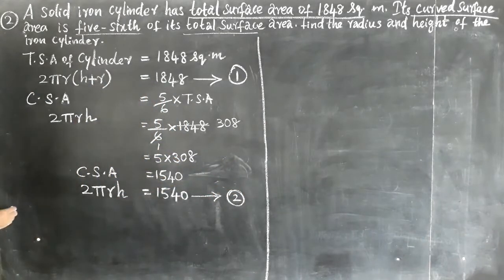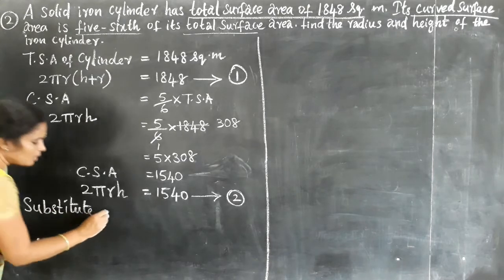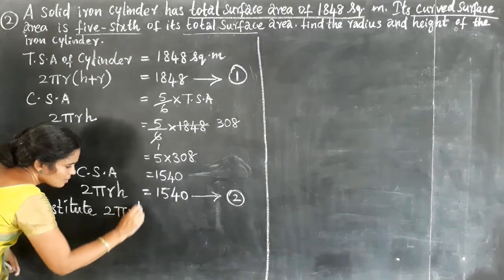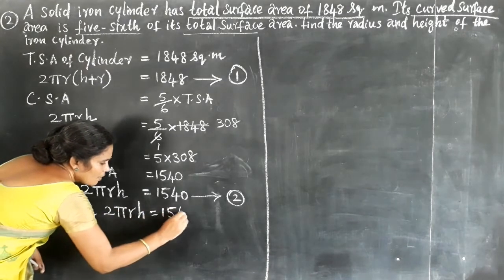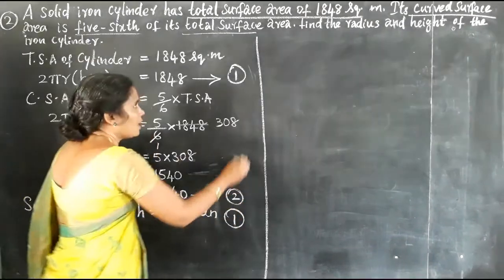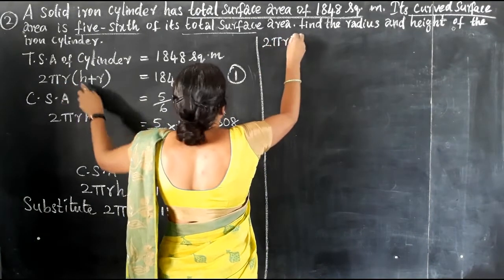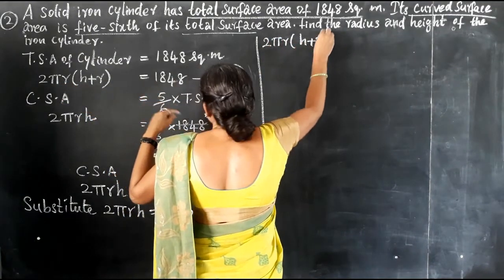Now let us substitute the value of 2πrh, which is 1540, in equation number 1.